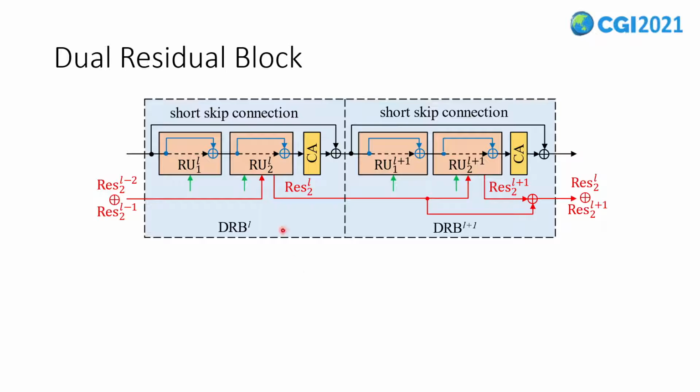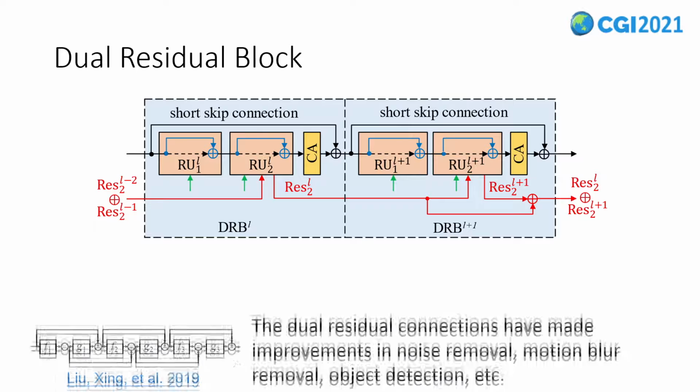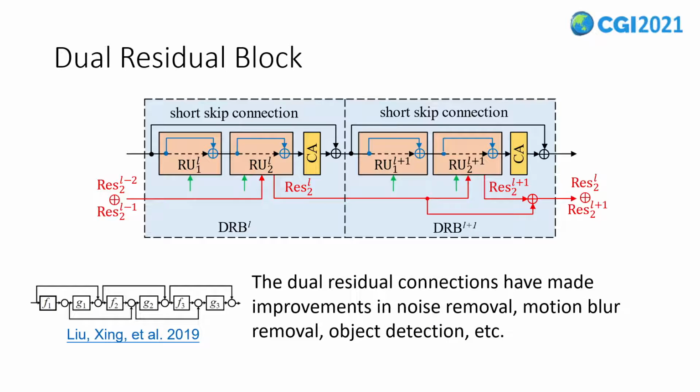Then we introduce dual-residual connections, shown as the blue lines and the red lines. The dual-residual connections have made improvements in noise removal, motion blur removal, object detection, etc., because they offer more path choices for the features.